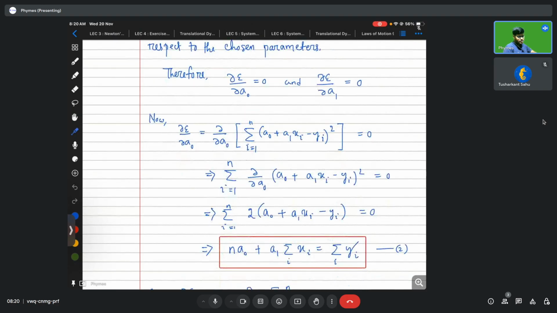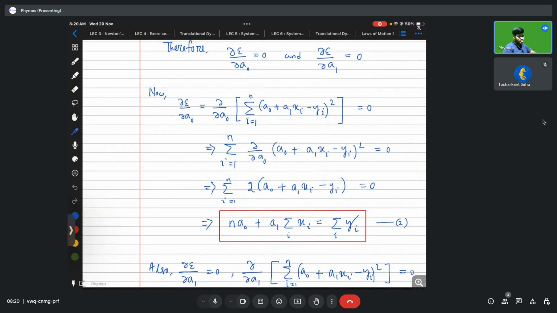Here you see that the summation symbol is now outside, and we are taking the partial derivative of this function. If you take the partial derivative, this 2 will be here now, and the partial derivative of this thing with respect to a0 will be just 1, right? So that is why we are getting this.